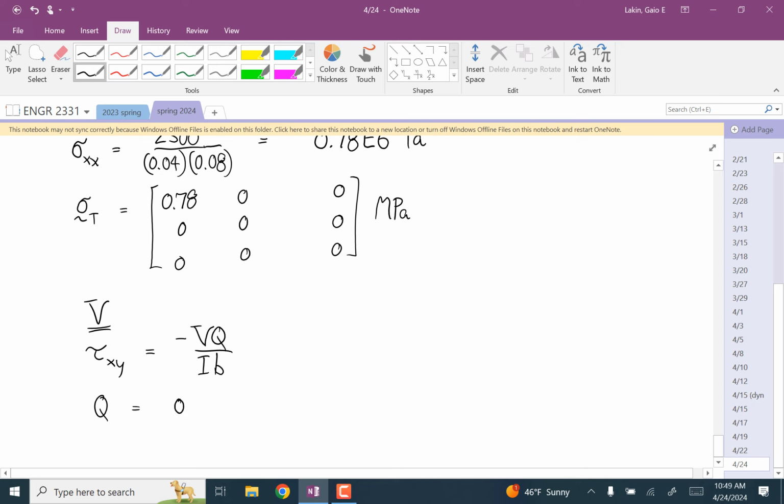So that's 0.0008 times 3/8 of 0.08. So that's 0.03. And so that is 2.4 times 10 to the minus 5.